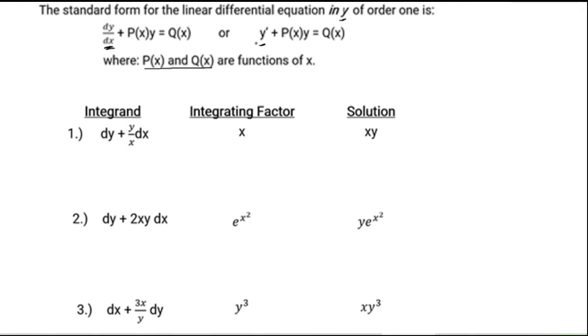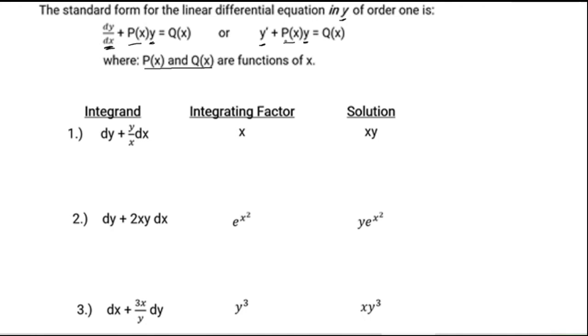Second, the second term contains the variable y and a function of x. Again, it contains a variable y and a function of x. The variable y should only be raised to the first power. If the exponent is not 1, such as square and cube, the equation is not linear.